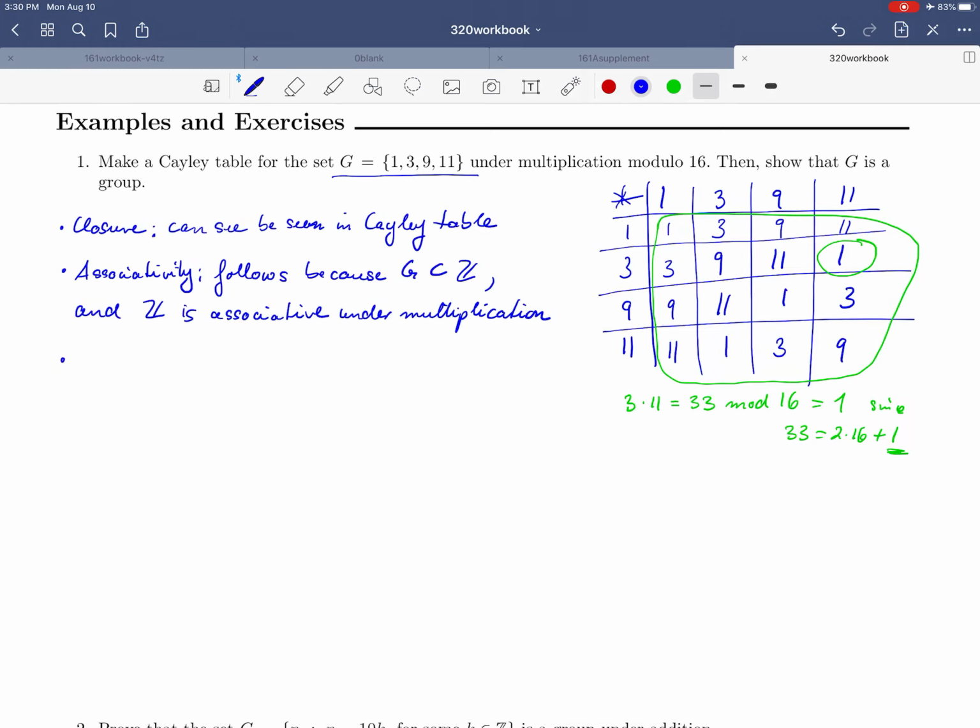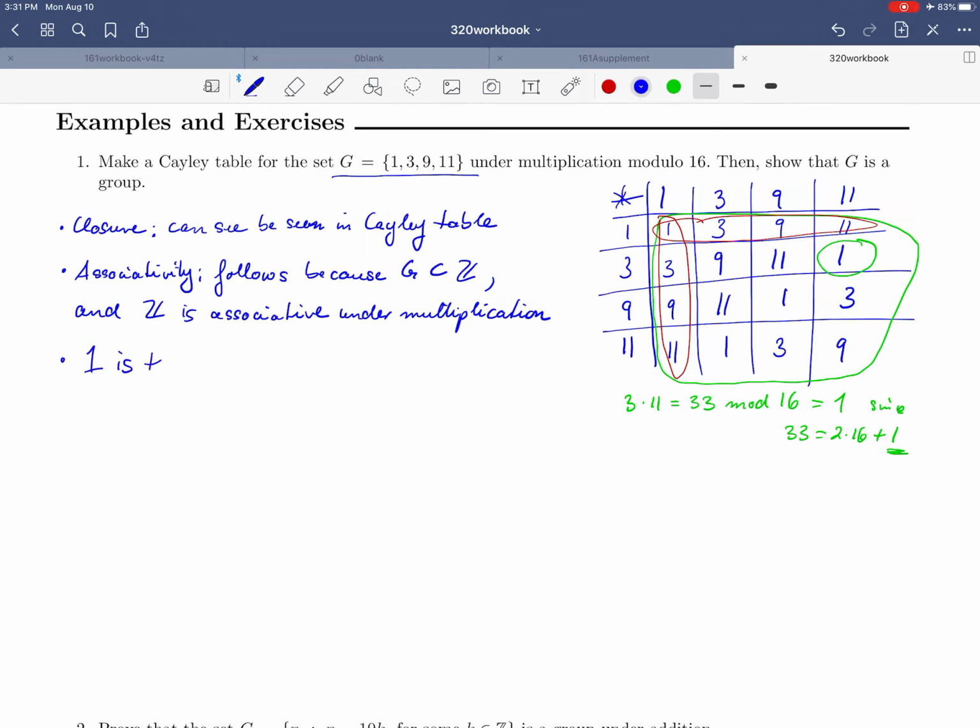What is the identity? We also can see that in the Cayley table. We need to find an element that when we multiply it by the other elements, we don't change those elements. If you look at the first row and the first column, you see that we didn't change anything. We got our elements back when we multiplied by 1, either from the right or from the left. So that is our identity element.